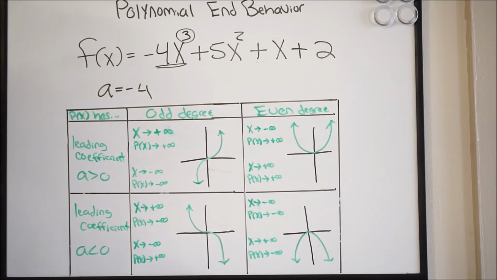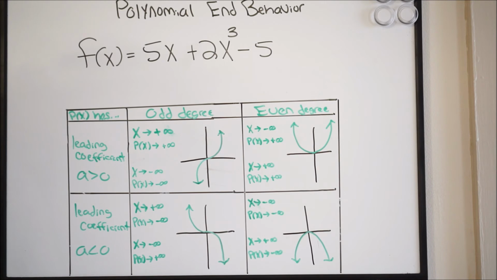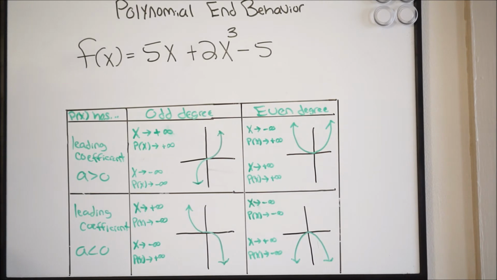Let's try one more example. Here is our third and final example. Be careful with this one because this polynomial is not written in standard form. If you want, you can write it in standard form to keep things consistent. You don't have to, but we will for this problem.